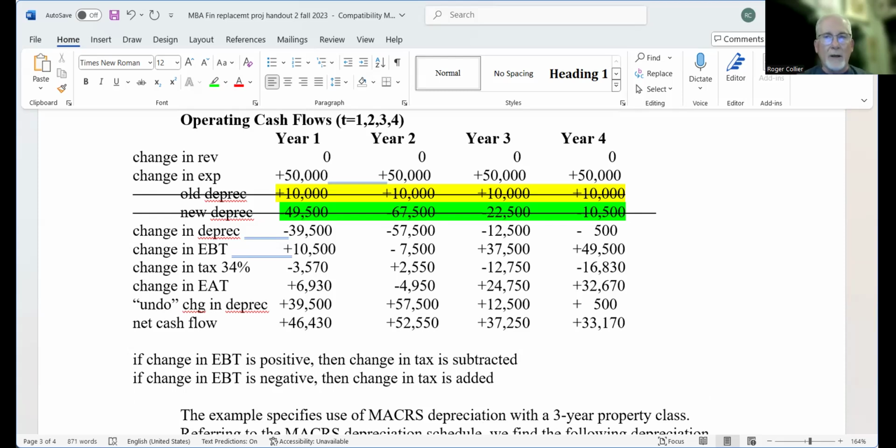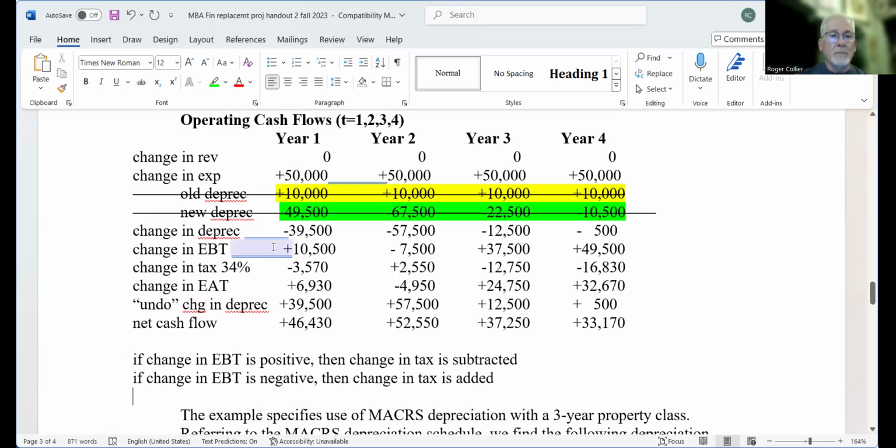I know that seems weird to add tax, but we're not adding tax, we're adding the change in tax. Right? Tax is an expense. If it's added, that means that expense decreased. If it's subtracted, it means that expense increased. Keep that in mind. Right?